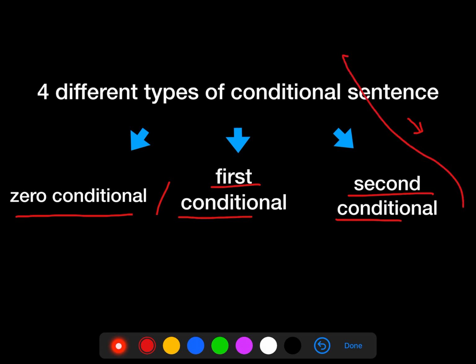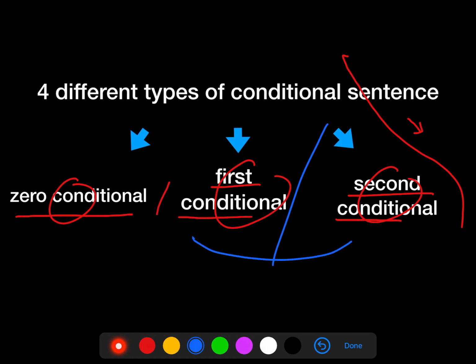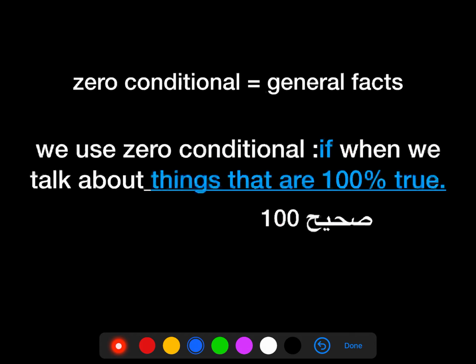But in this lesson, we're only going to cover zero, first, and second conditional clauses. We're going to cover zero conditional and first conditional in this video, and second conditional in the next, second part of the lesson. Okay, so let's start.